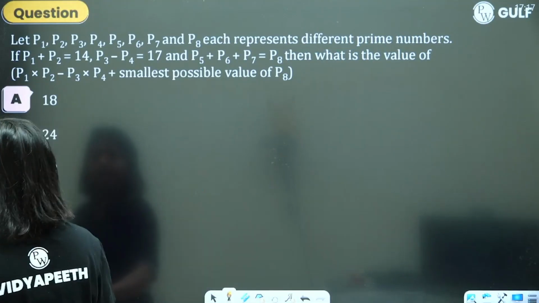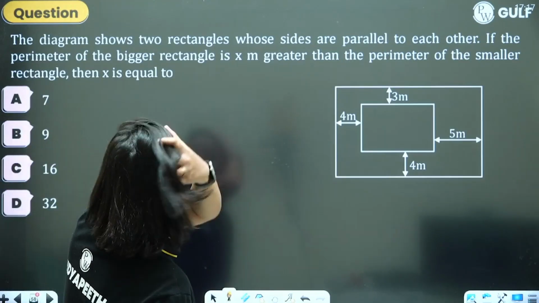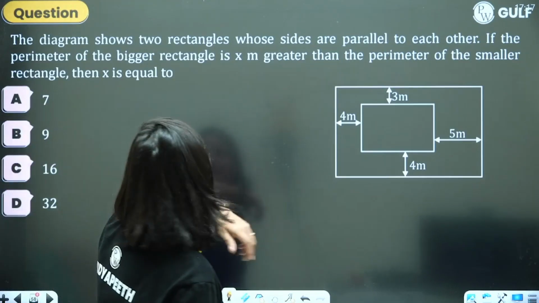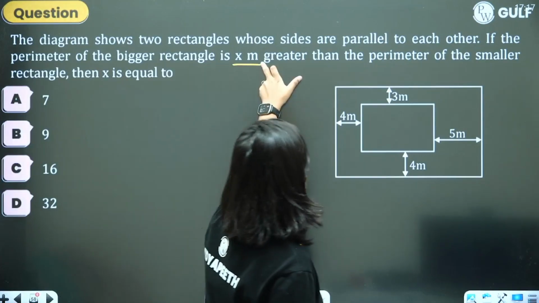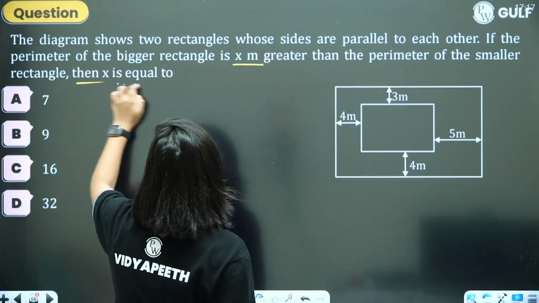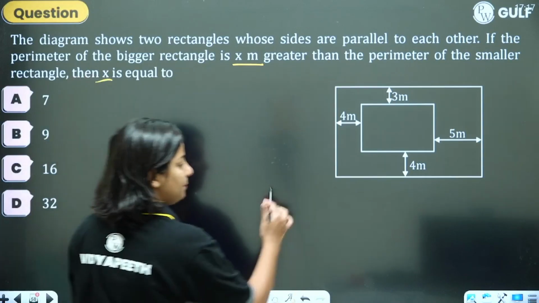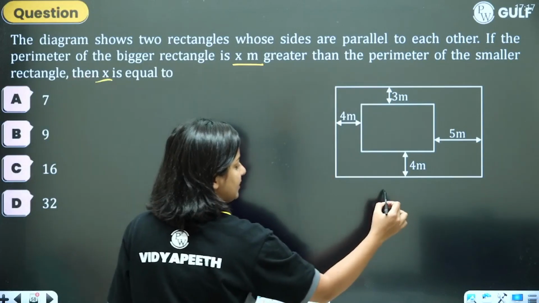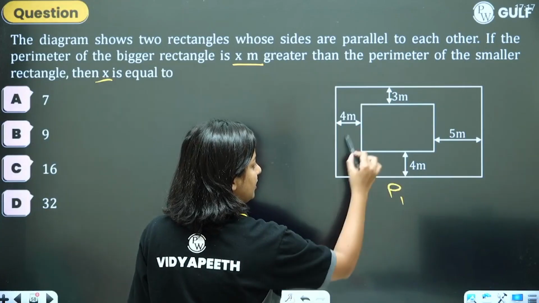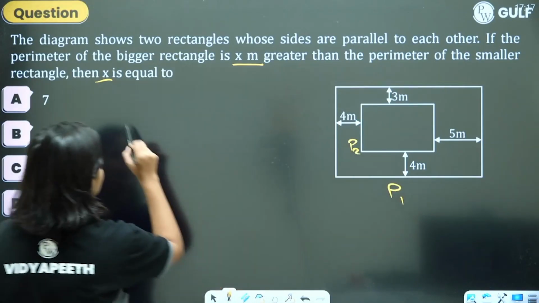आगे बढ़ते हैं. The diagram shows two rectangles whose sides are parallel to each other. If the perimeter of the bigger rectangle is x meter greater than the perimeter of the smaller rectangle, then x is equal to what? Okay. Bigger rectangle, smaller rectangle. Let's say the perimeter of the bigger rectangle is P1, the perimeter of the smaller rectangle is P2.